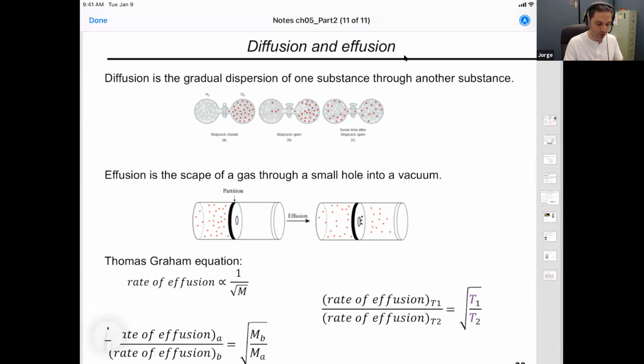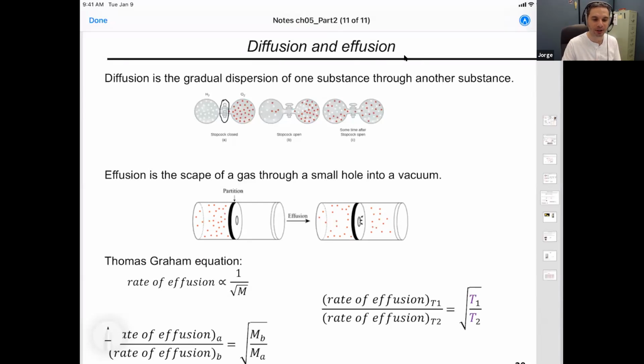Okay, so in the example here, we have two flasks, one with hydrogen and one with oxygen, and they are separated by this valve. When we open the valve, the gases will mix, and this movement in which one gas mixes with the other gas is called diffusion.